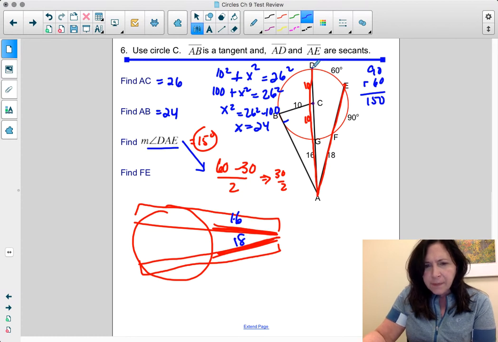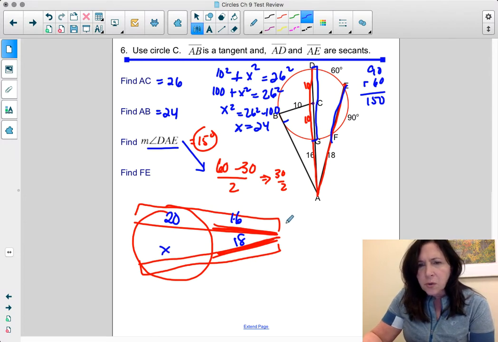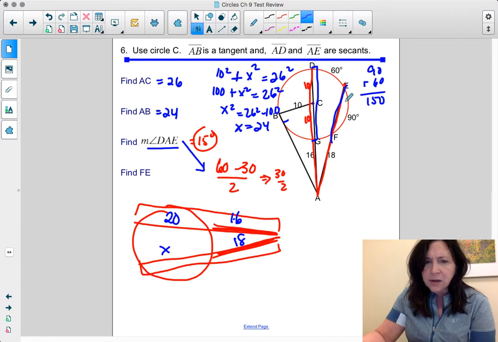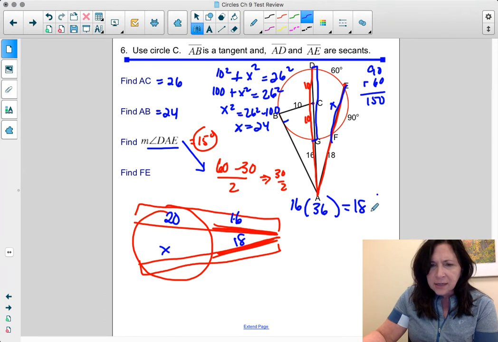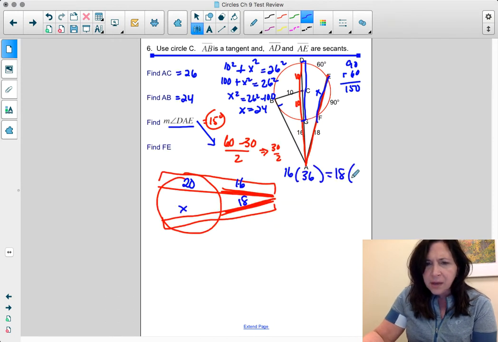From here to here is 20, and from here to here, that's what we don't know. 16 goes with 20, and 18 goes with the unknown. So it's the outside 16 times the sum, which is 36, is equal to 18 times the sum, x plus 18.